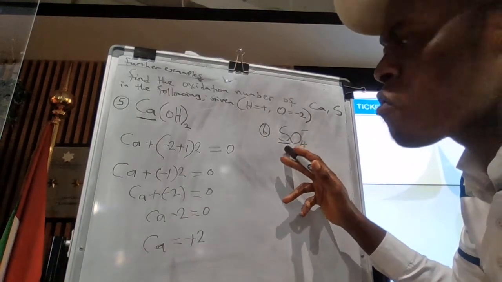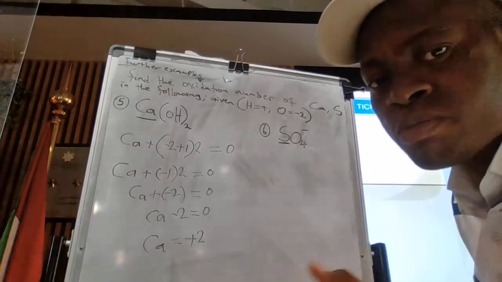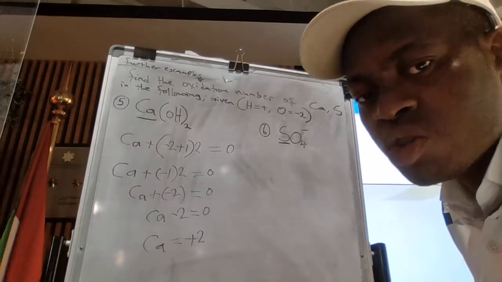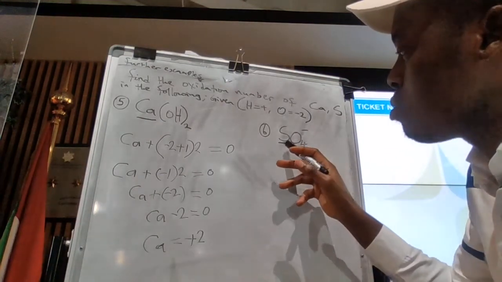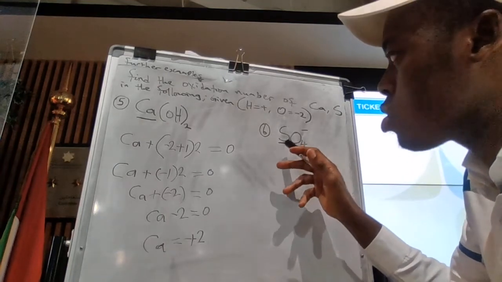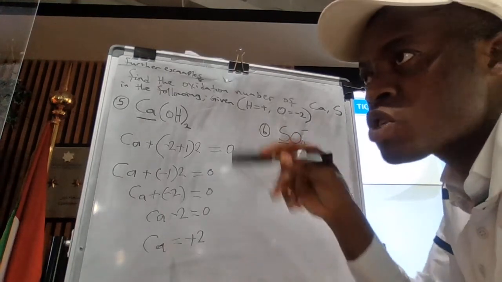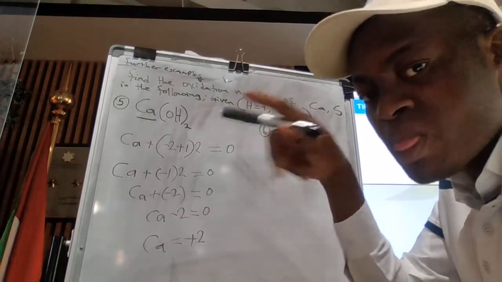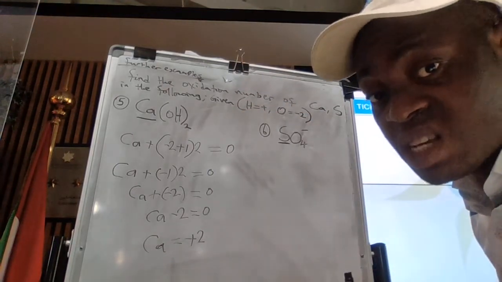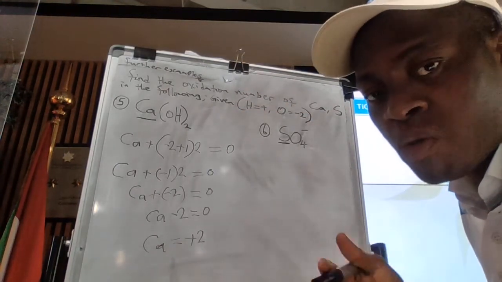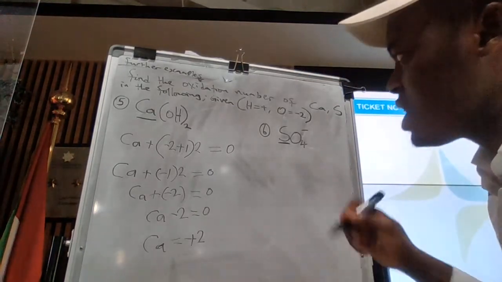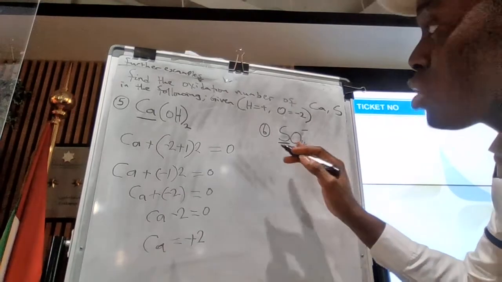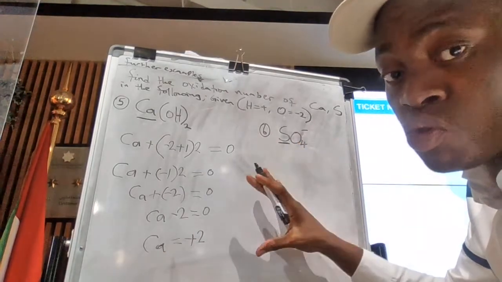Unlike this, sulfur has various oxidation numbers. So it is essential to know that if you look at most of the compounds that contain sulfur, you discover that sulfur is always at the center, is the center element. We have sulfur 2 oxide, sulfur 4, sulfur 6.